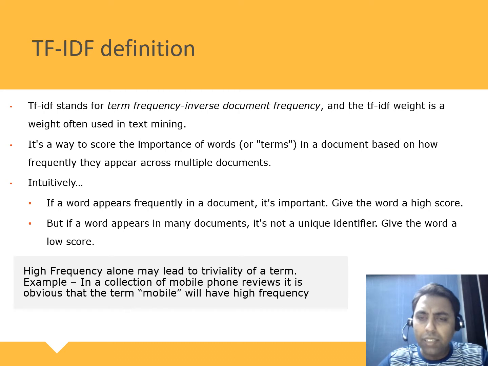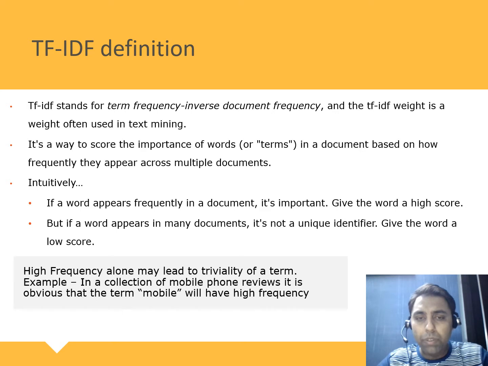Then quite naturally the term frequency of that word will turn out to be quite high across all the documents, right? And a scenario like this is not something that is far from reality. I mean, when you handle real data, you can actually come across such situations.